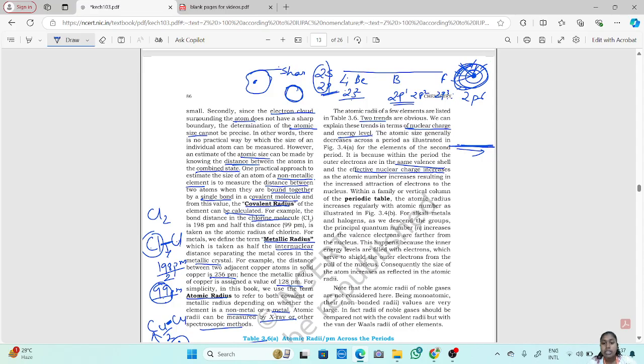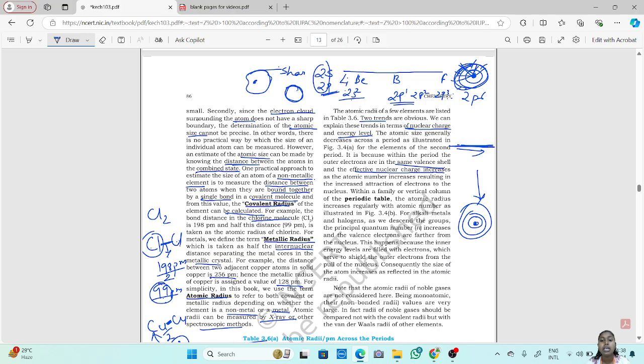Now, within a family or vertical column of the periodic table, the atomic radius increases regularly with atomic number. So as we go down the group, the atomic radius increases. Why? Because new shells start adding up.